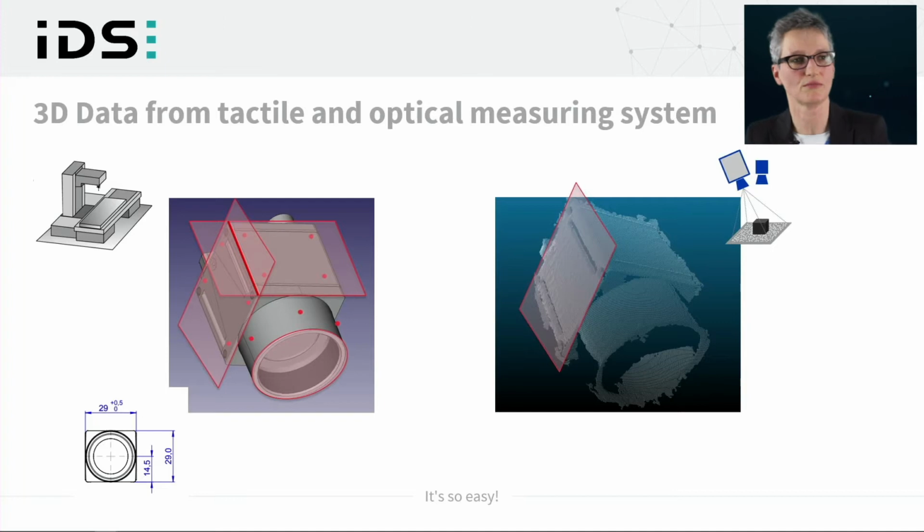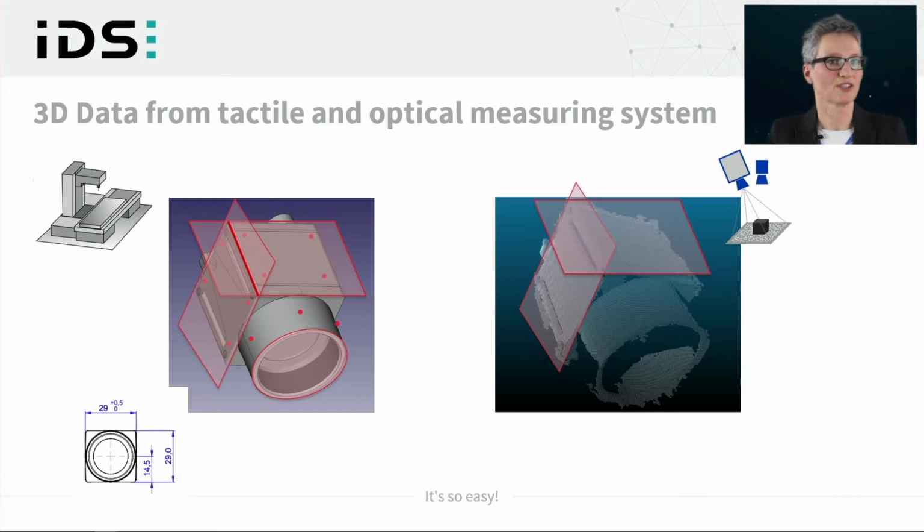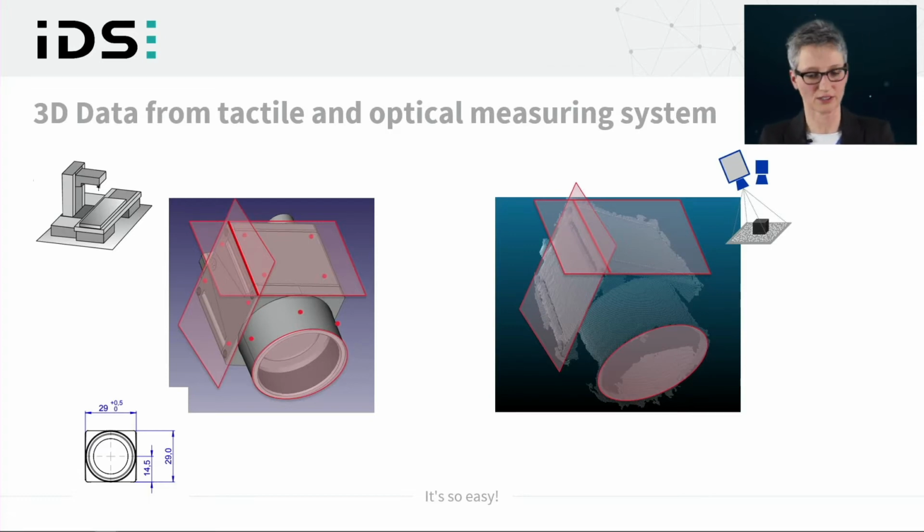So you choose an area in the object, in the point cloud, and fit a plane in the top plane of the camera, and then intersect these planes, or you fit a cylinder in the front part of the housing, and then you have the axis of the cylinder by fitting the primitive into the points.